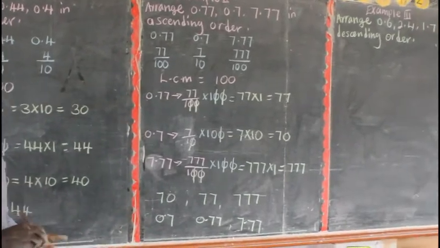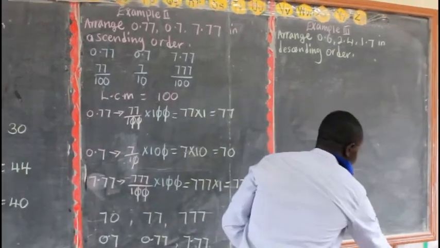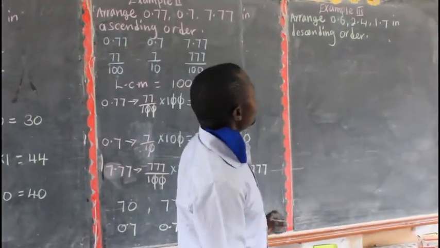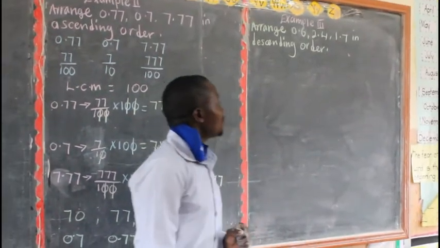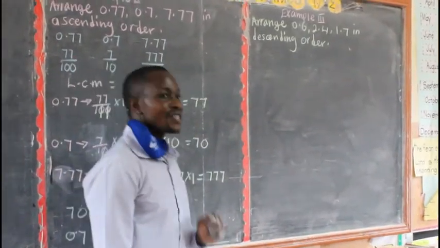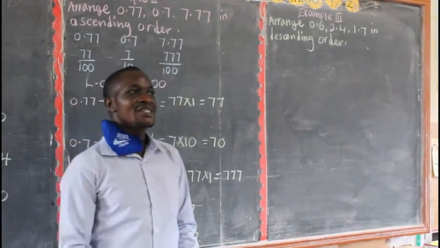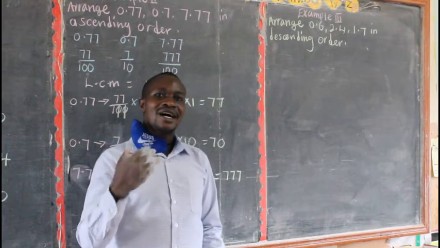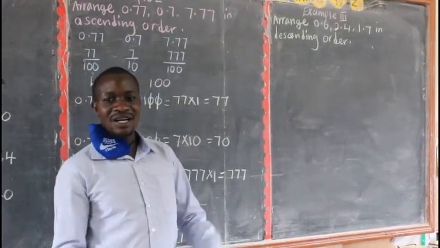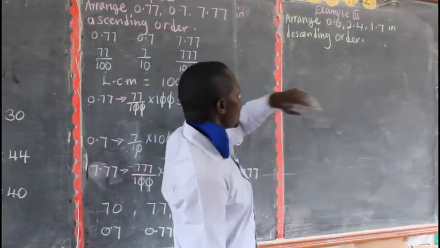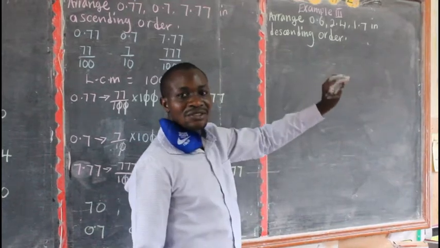Then let's look at the last example. And this example is saying arrange 0.6, 2.4, 1.7 in descending order. We said that descending order means to arrange numbers from the highest to the lowest. But before that, we are going to write each decimal fraction as a common fraction.